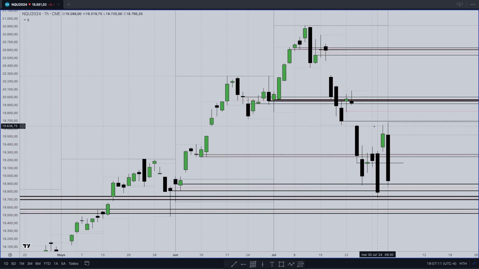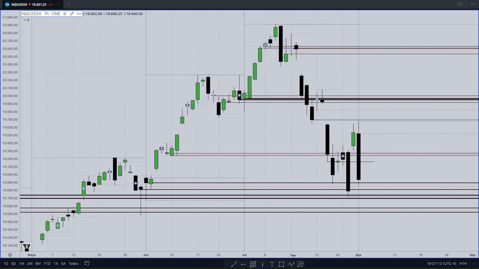And I told you also that we can come back here and reject this gap or use it. If we are going to invalidate this gap, we are going to use it as an inversion and start moving to the buy side.